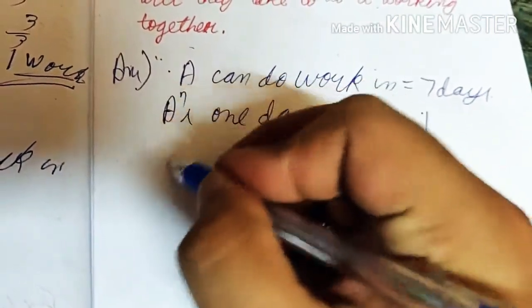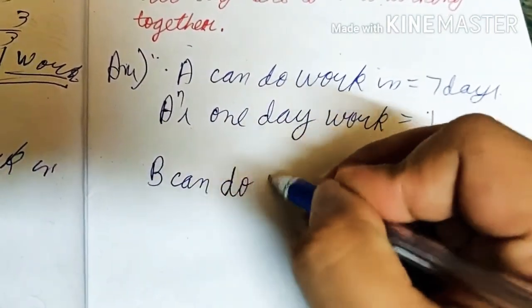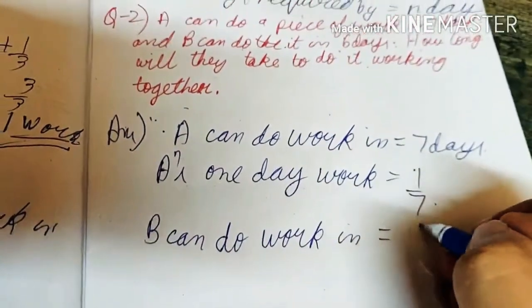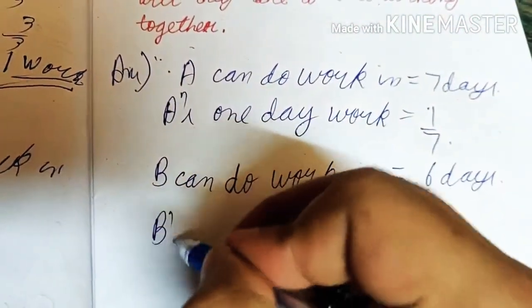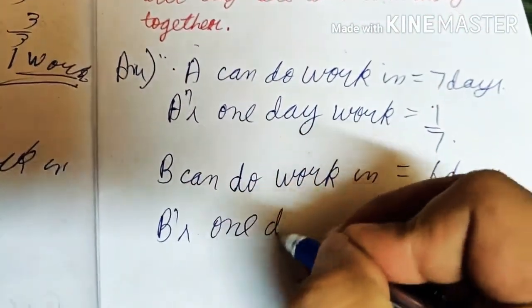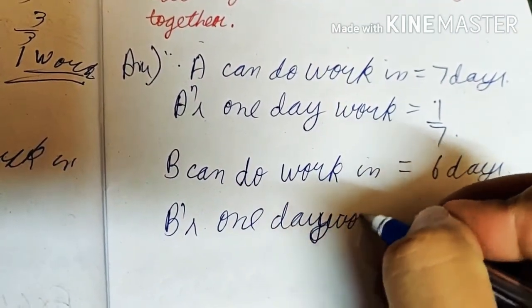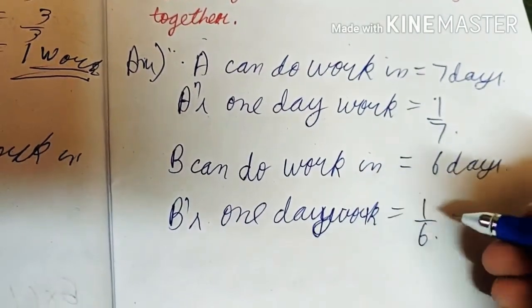Same way, B can do the work in 6 days, then B's 1 day work will be equal to 1 by 6.